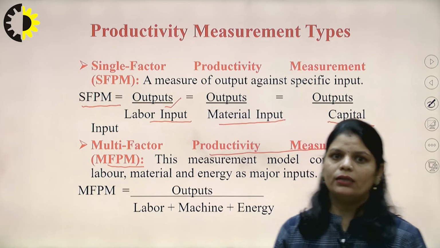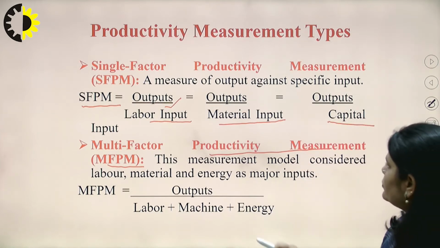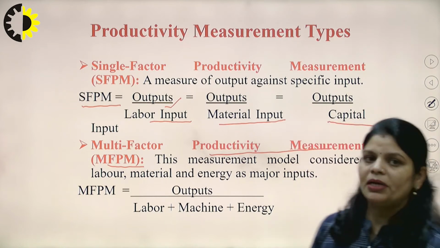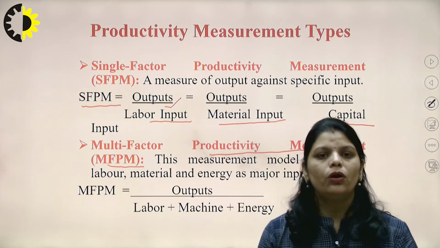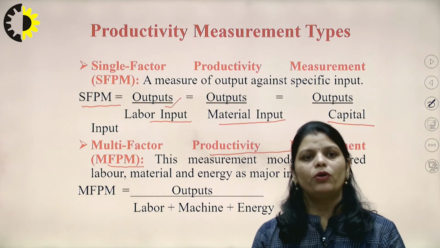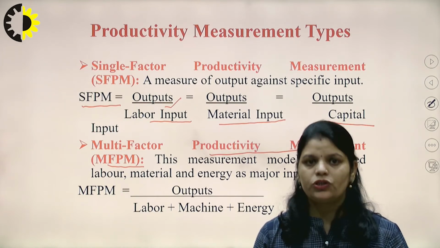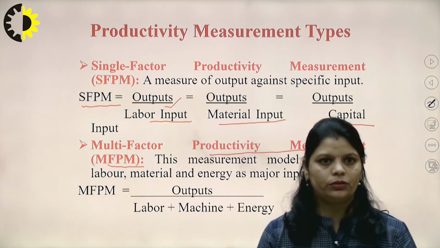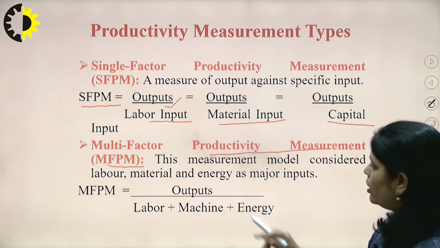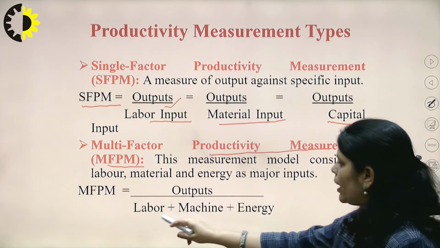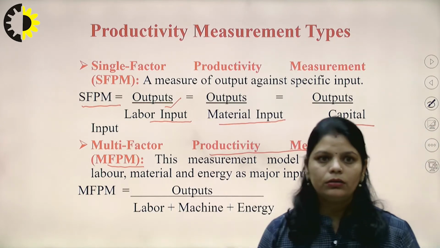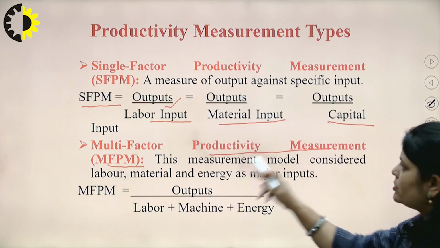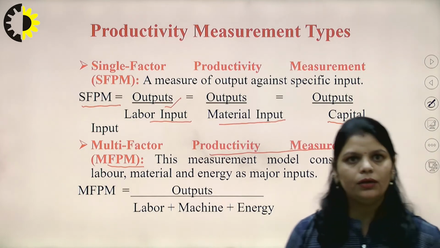So multi-factor productivity measurement is the ratio of the output to a group of inputs, such as labor, machine and energy. Or it can be the output over labor, energy and material. So this is the multi-factor productivity measure.